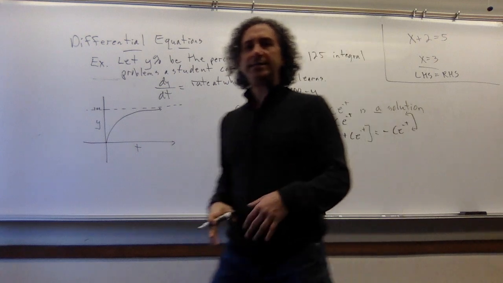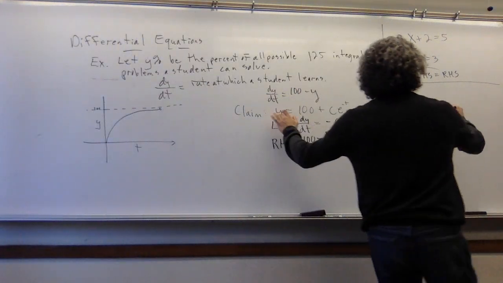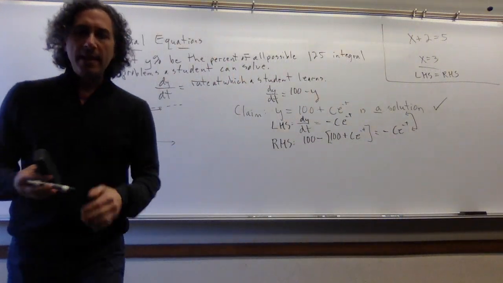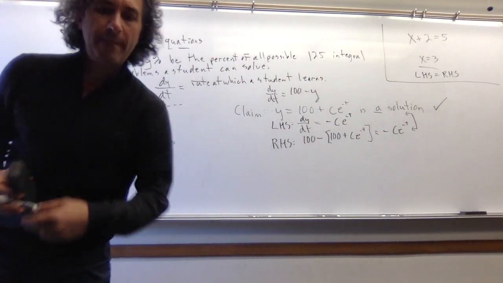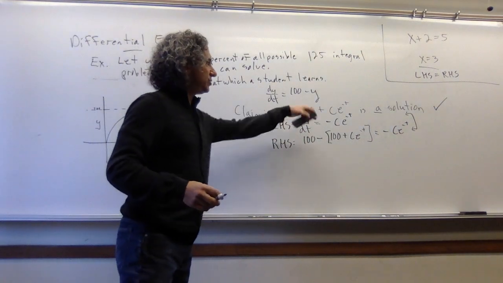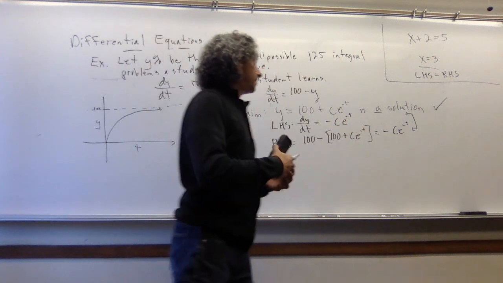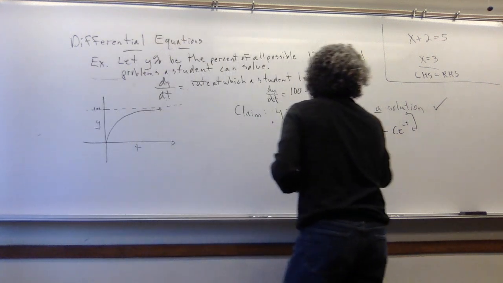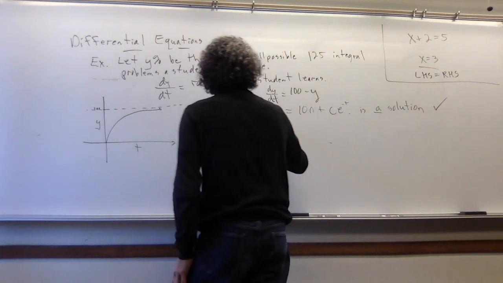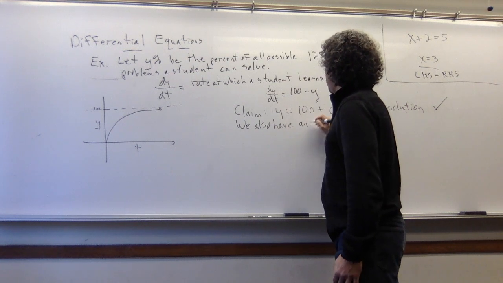So are those two guys equal? Yeah, they're the same. Therefore, this is a solution. We can actually do better, because this is going to be a solution for any c value. However, we also have an initial condition.